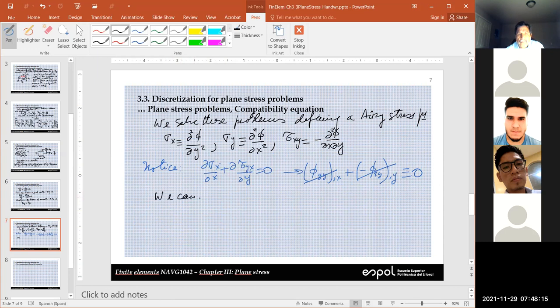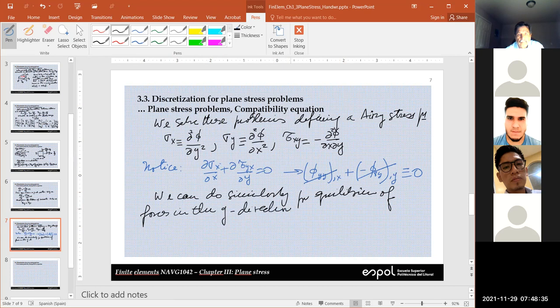We can do similarly for equilibrium of forces in the y direction. So we can say that equilibrium is satisfied.